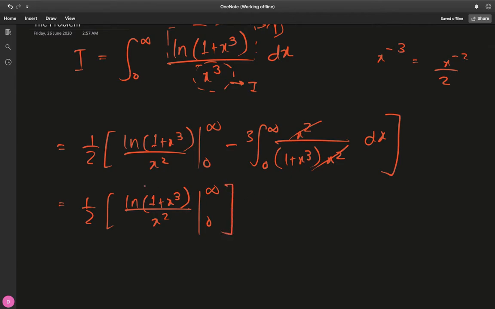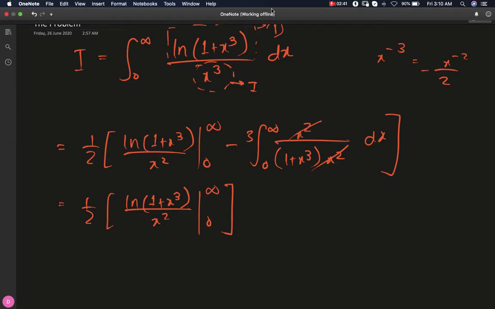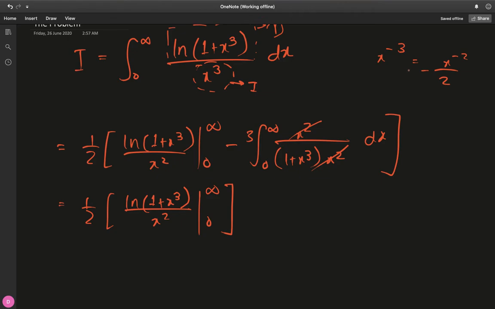That's the first part. And then we have, well guys, I forgot to take this minus into account, so I'll just do that. We have minus over here, and minus minus plus 3 over 2 times the integral from 0 to infinity of dx over 1 plus x cubed.